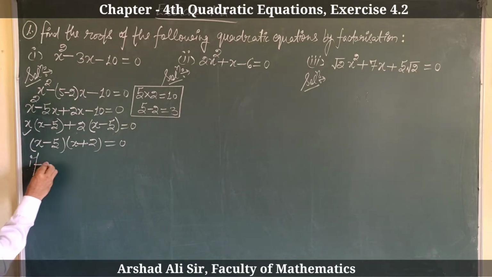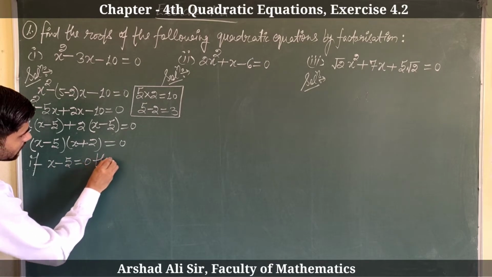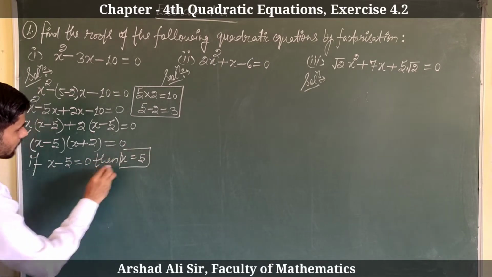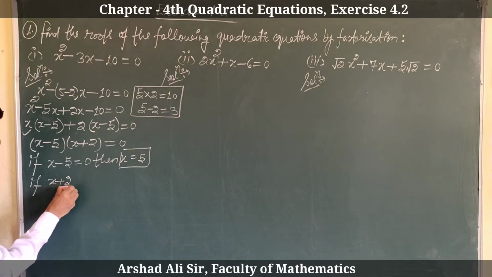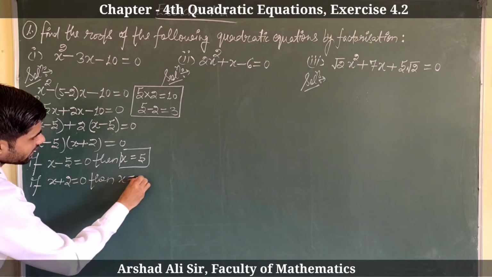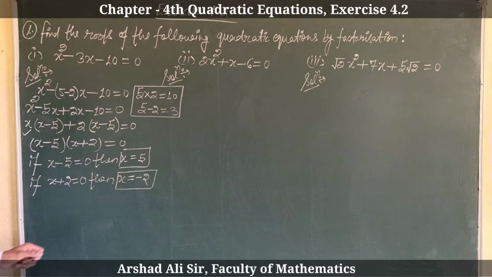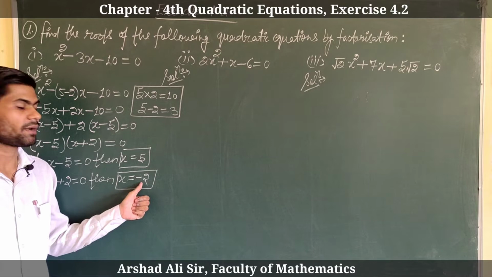We can say if x minus 5 is equal to 0, then x is equal to plus 5, and if x plus 2 is equal to 0, then x is equal to minus 2. Dear students, we get two roots. First one is 5 and second one is minus 2.